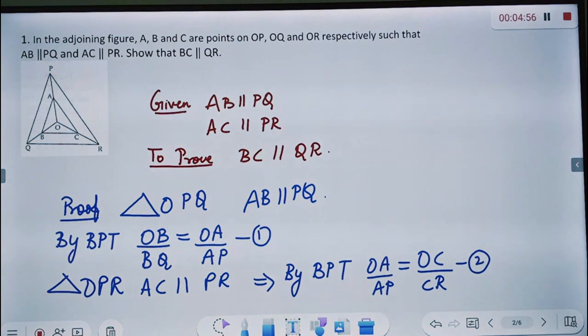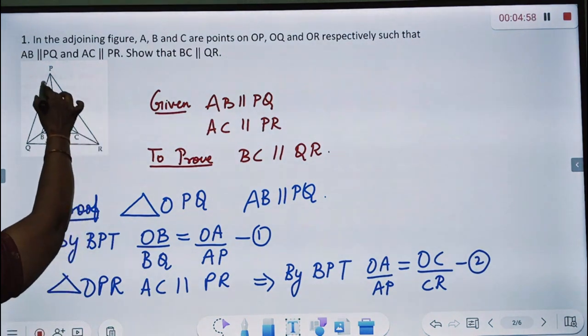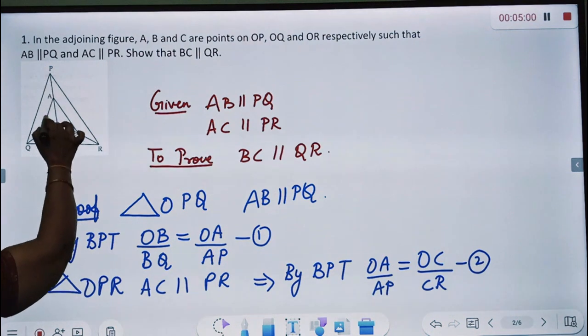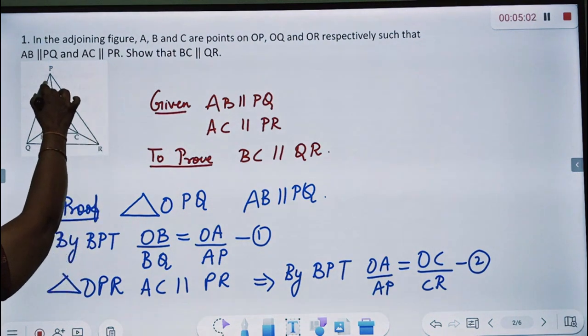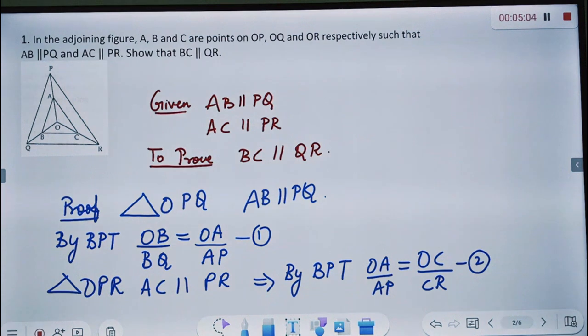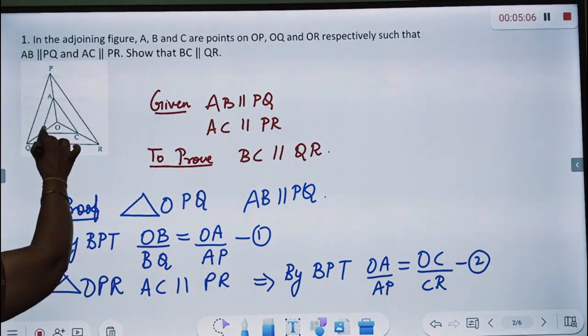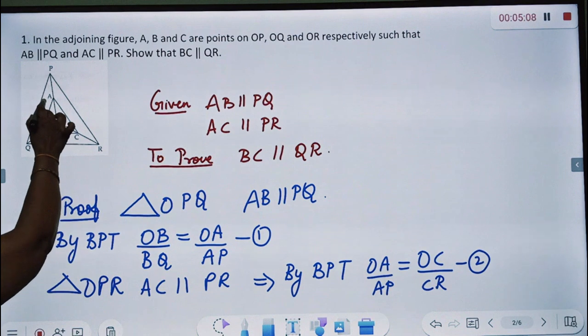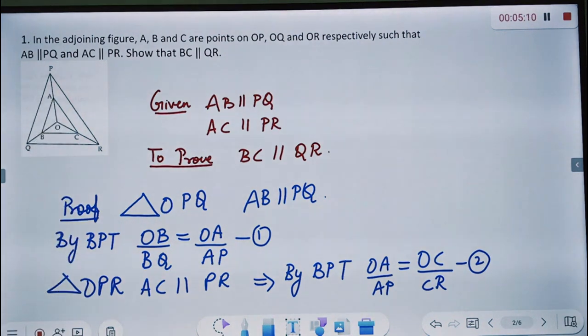Next, AC is parallel to PR. So now look at this triangle OPR. The sides will be proportional. Which sides? These two sides. So OA by AP will be equal to OC by CR.